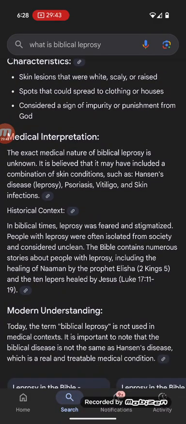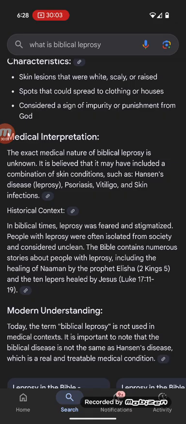In historical times, leprosy was feared and stigmatized. People with leprosy were often isolated from society, and that is what was also to happen to Cain, as we'll read in one or two more verses, and see he was isolated.